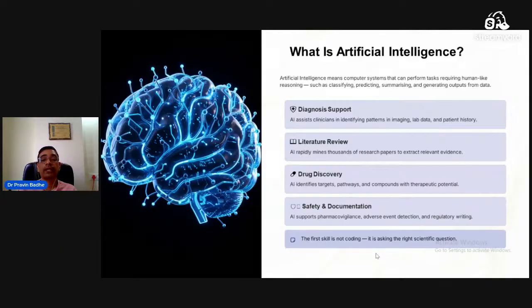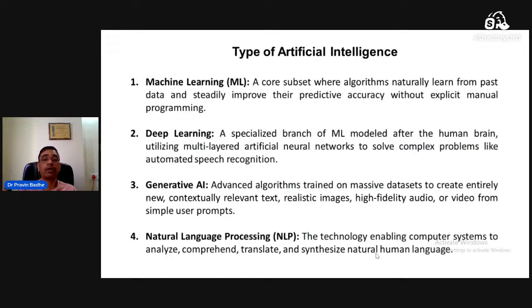It can be utilized for classifying, predicting, summarizing, and generating output from the data. That is where AI is being utilized overall. But there are different types of artificial intelligence, and that needs to be understood. We are in the third and fourth part, where generative AI and natural language processors are being used.